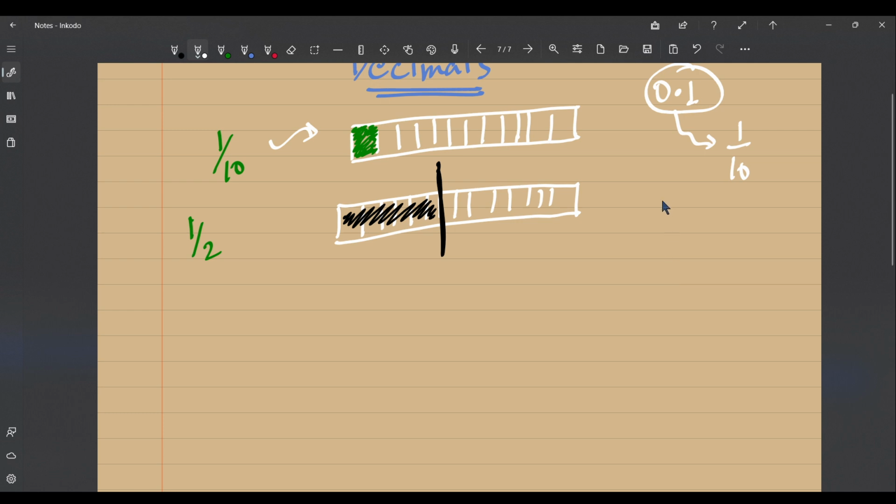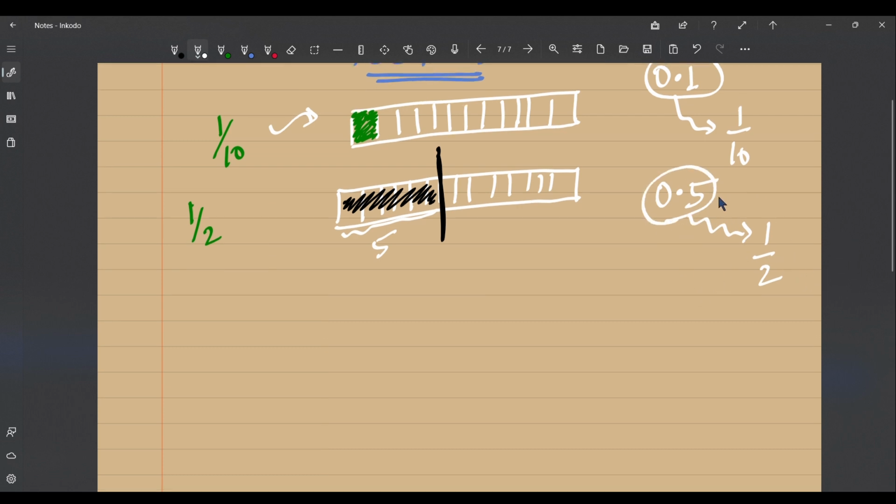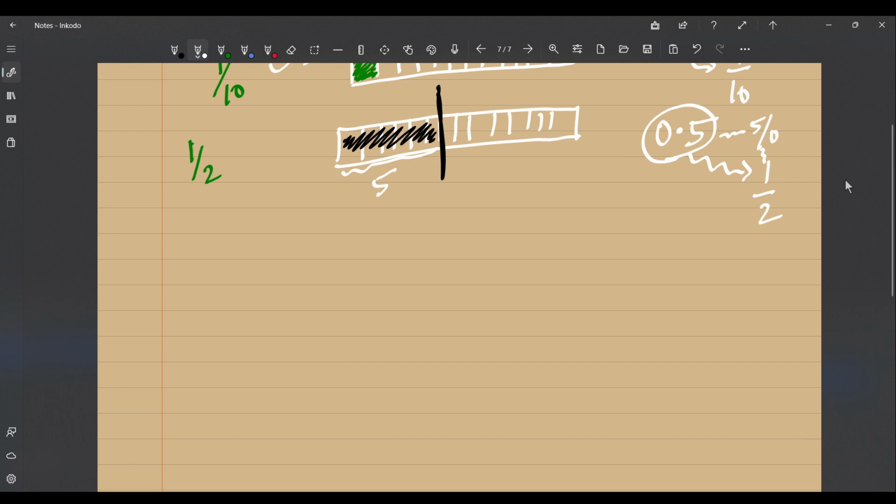So these will be 5 rectangles out of 10. So this will be 0 point. Whatever I write after the decimal, that thing over 10 is what I'm trying to represent. So this is 5, and this should be read as 1 over 2. Again, this whole thing means 1 over 2, or you can think of it as 5 over 10, and hence it is equal to 1 over 2.